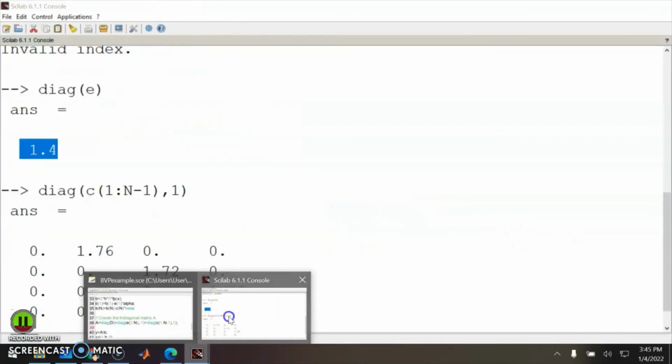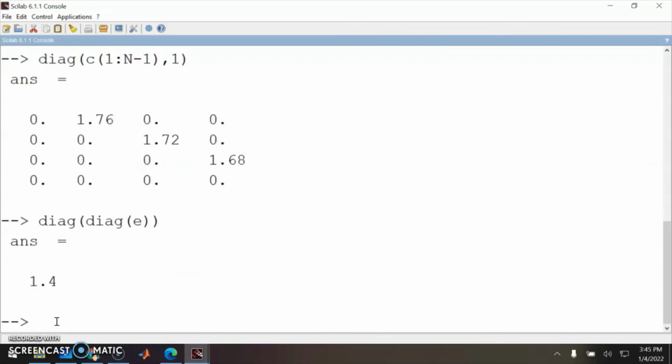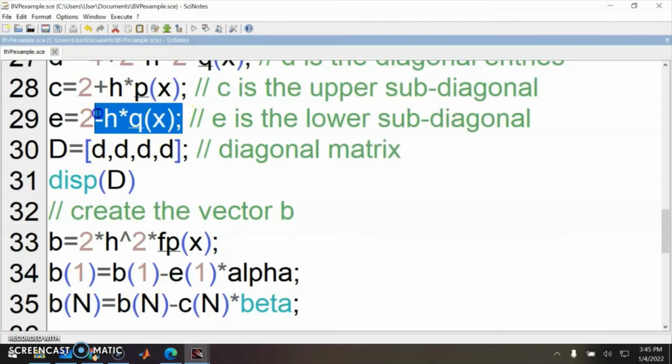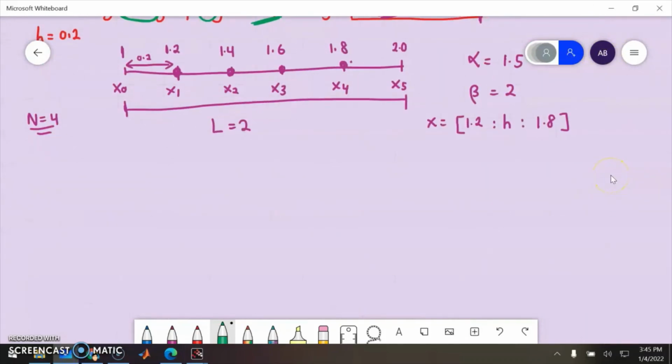So how do I create a matrix? Diag E, I don't know. Let's just check. No. My matrix E here is not just one constant. It's just 1.4. So according to this calculation, my E is just 1.4.